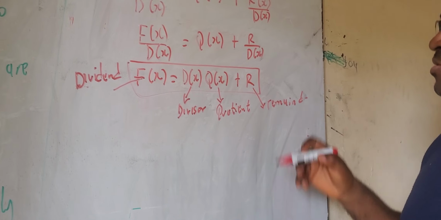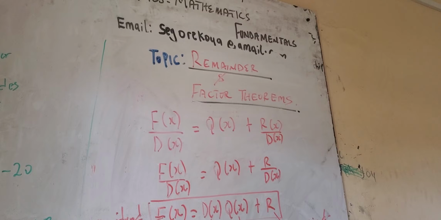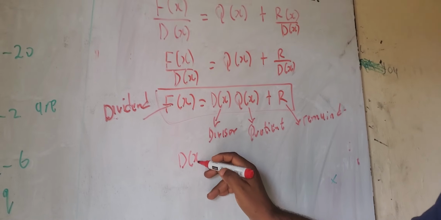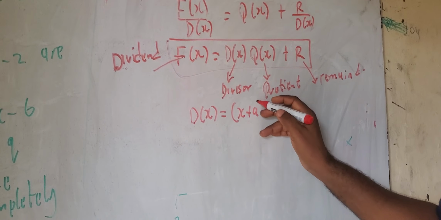So now we want to do the remainder theorem. Let's say this divisor d of x is given as x plus a.